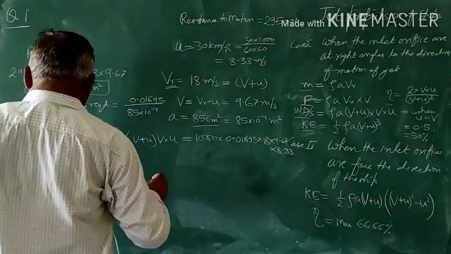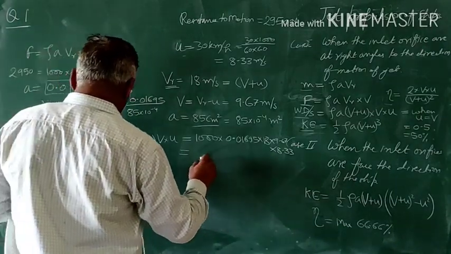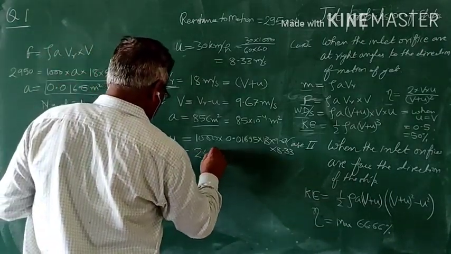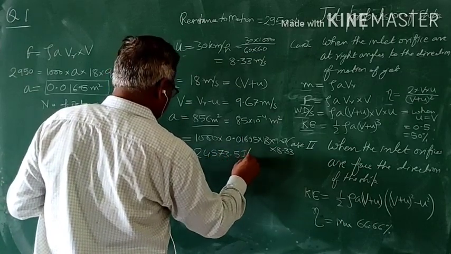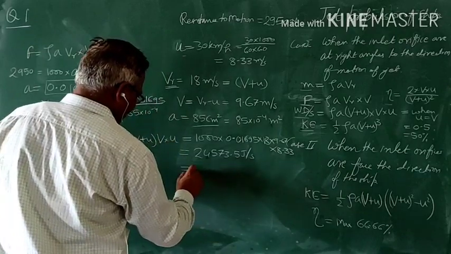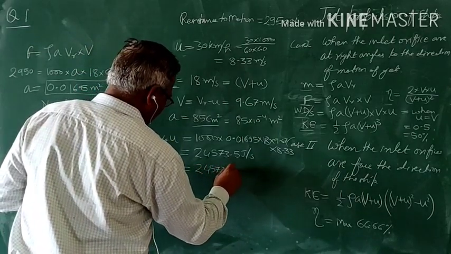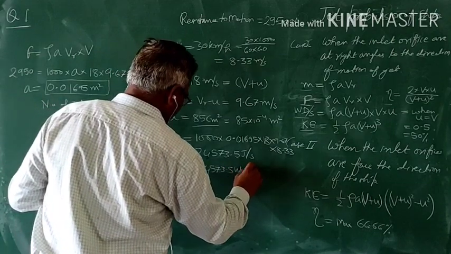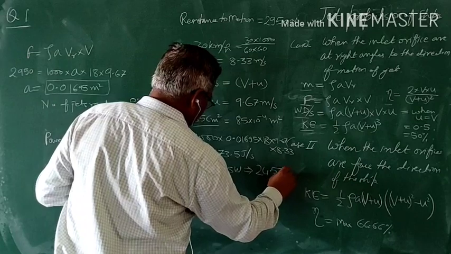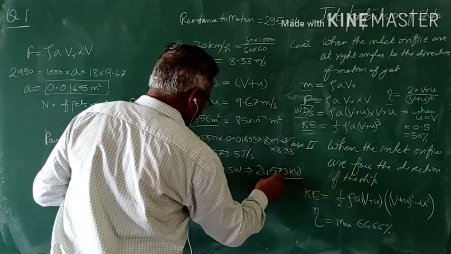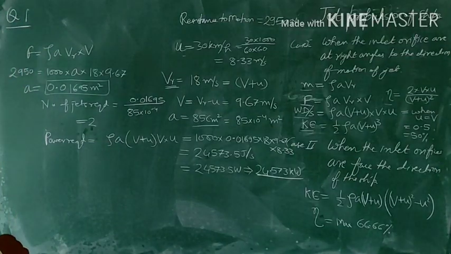So the power required is coming out to be 24573.5 joules per second, or we can write this as 24573.5 watt, or 24.573 kilowatt. So this is the power required to drive this ship.